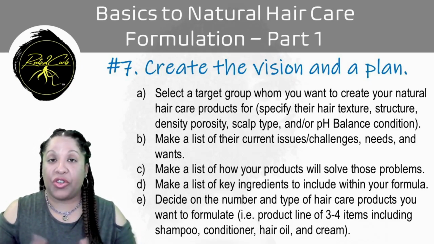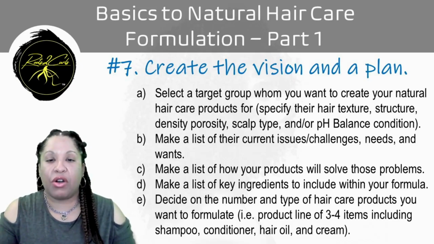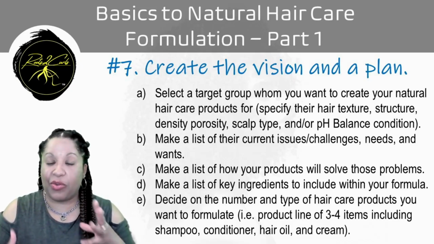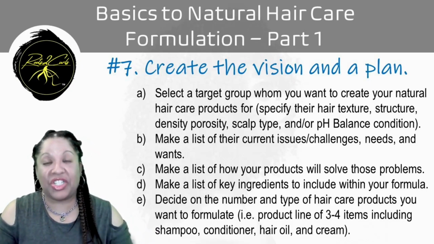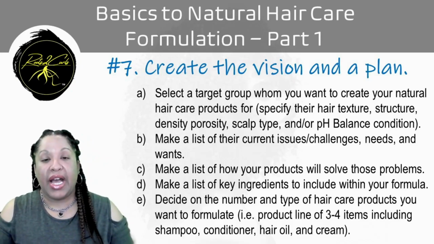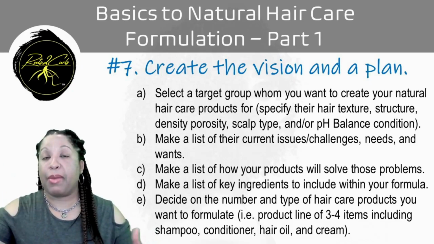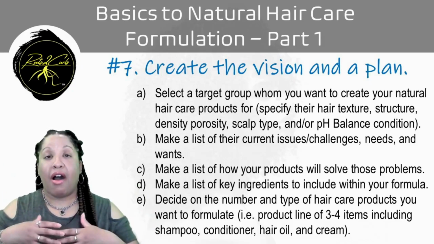So, for example, you're new, you're starting out, you're watching your budget. It would be a good thing to start off with a product line that has at least 3 to 4 items. It could be less, it could be more, depending on your budget, but keep that in mind. It can include something as simple as a shampoo, a conditioner, maybe a hair oil, and a hair cream. And those things are used all the time.